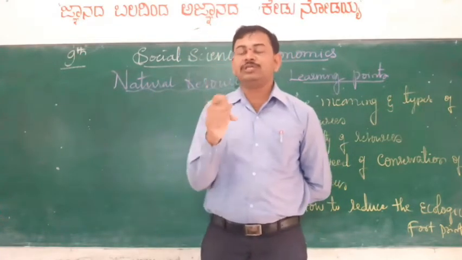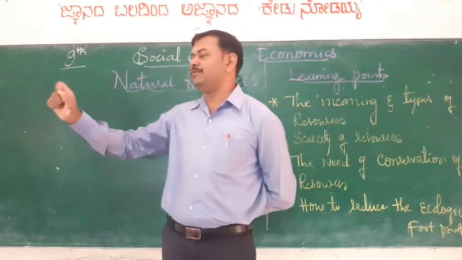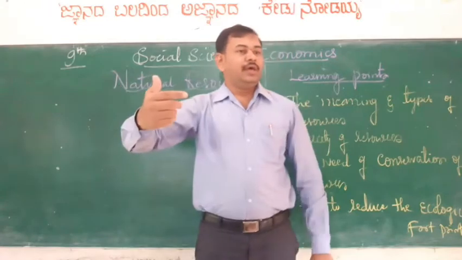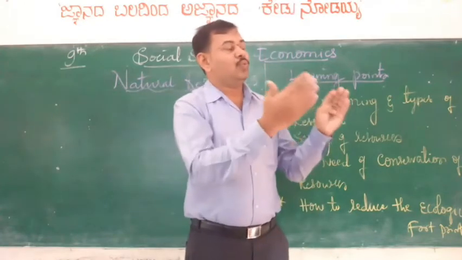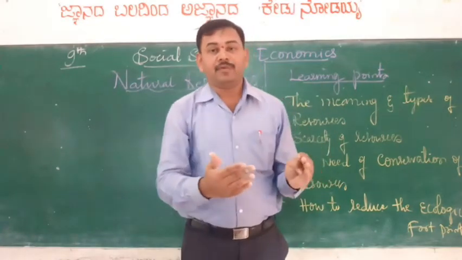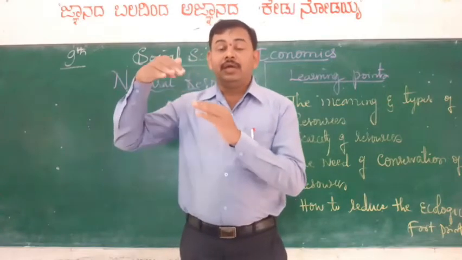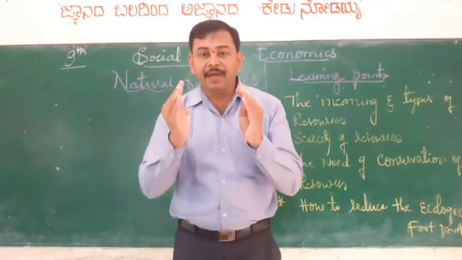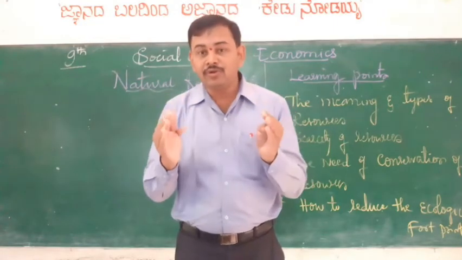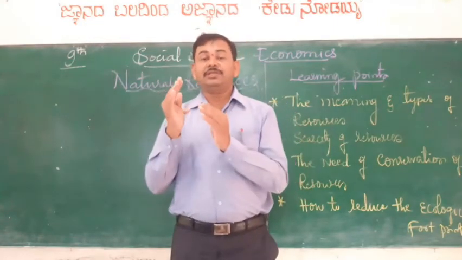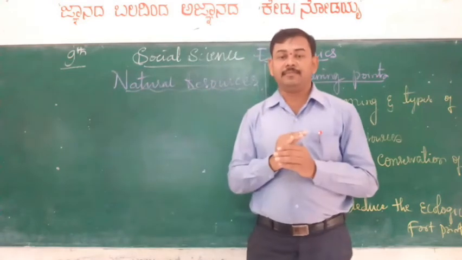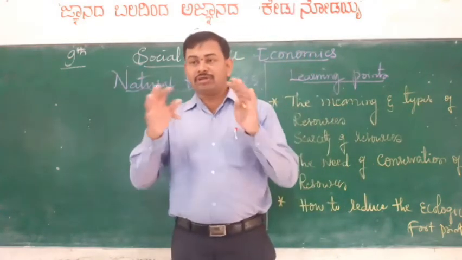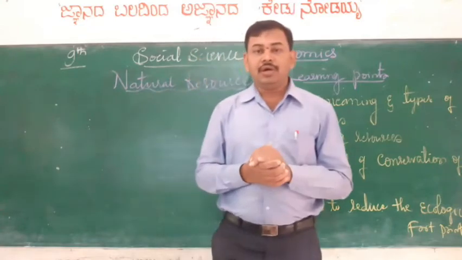These mineral resources will always be raw material for many industries, especially the industrial sector, which contributes more than 70% of national income. And all these are called natural resources.